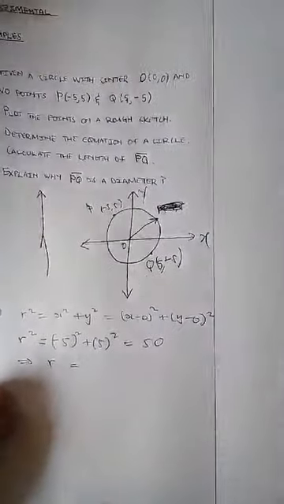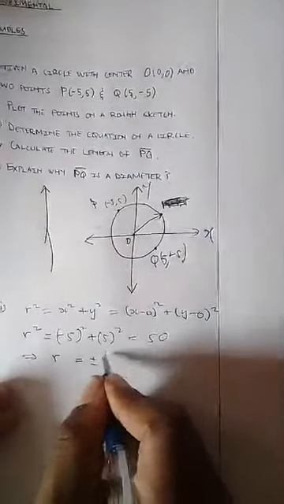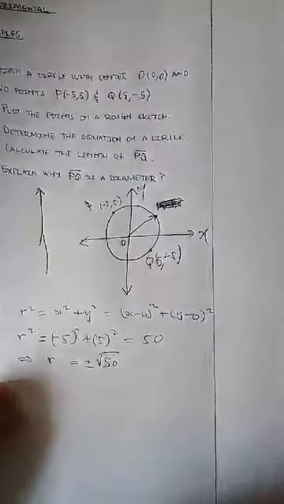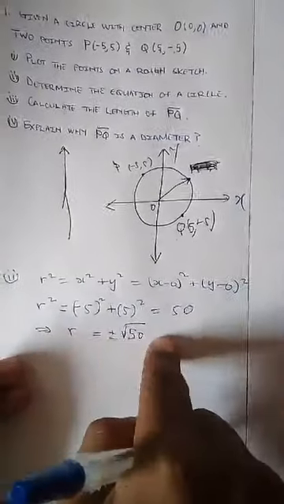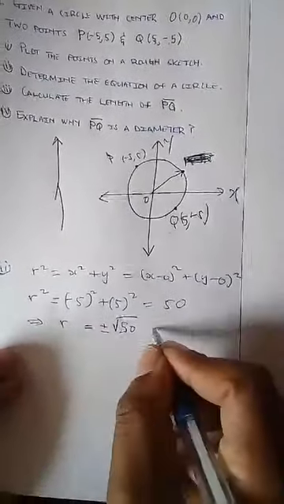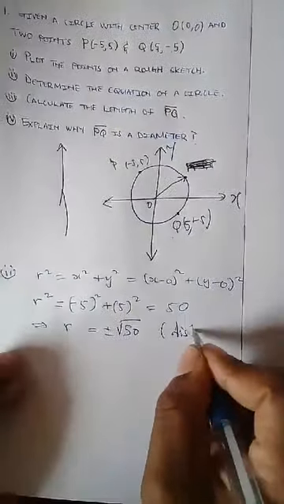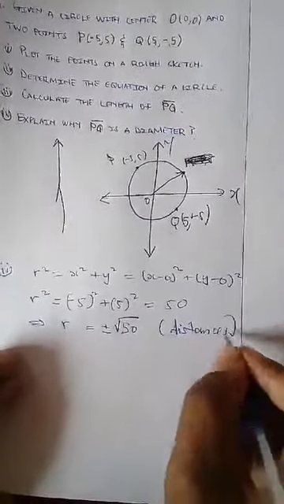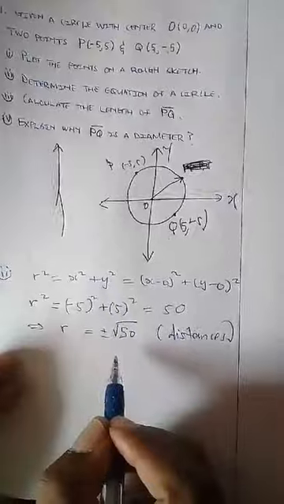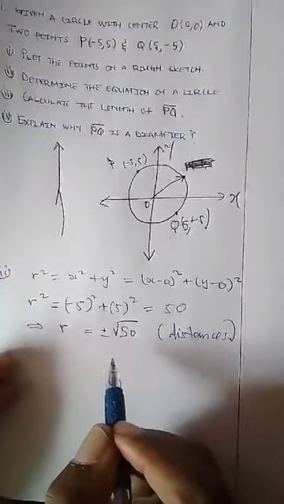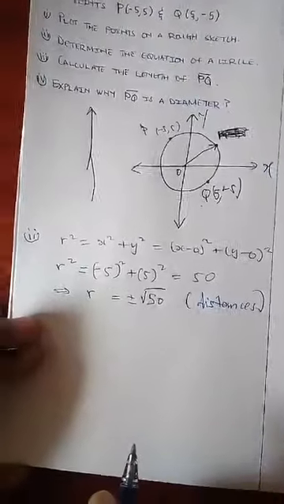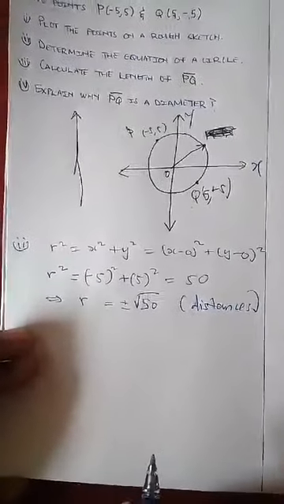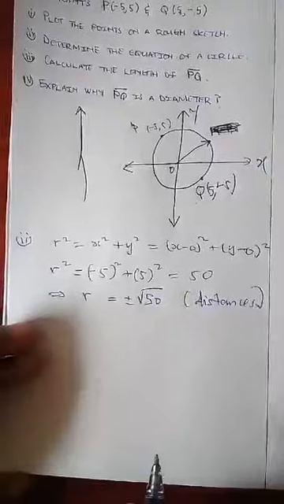So this will imply that r, typically, the way you would write it, you would say it's plus minus the square root of 50, because indeed, r squared, because it's a square, must have two roots. But here we know that we are speaking about a radius, a distance. You never say, for example, I'll give you an example of where I'm from in Soweto. You don't say, I walked from Orlando to Maponya, negative 4 kilometers.